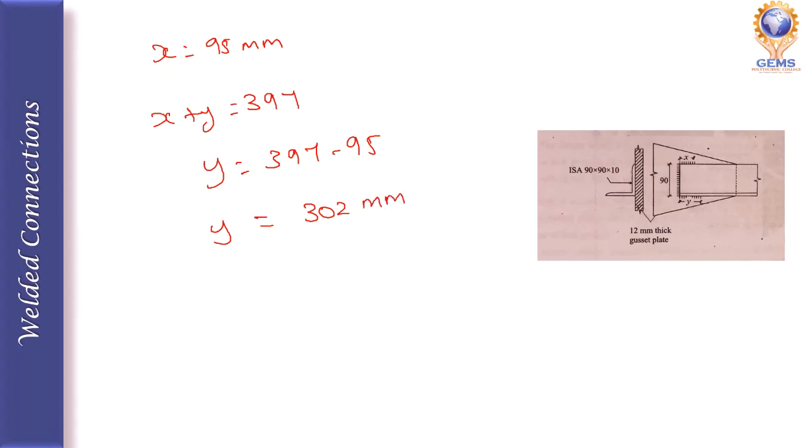In the diagram, you check it out: x value should be less than y value, and here also x is less than y. So this is the solution for problem number 4.